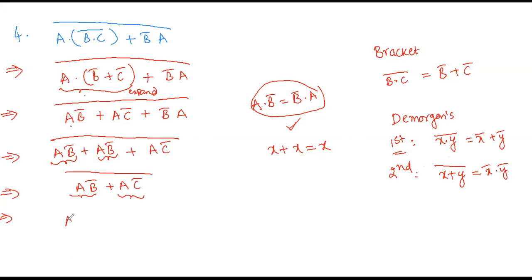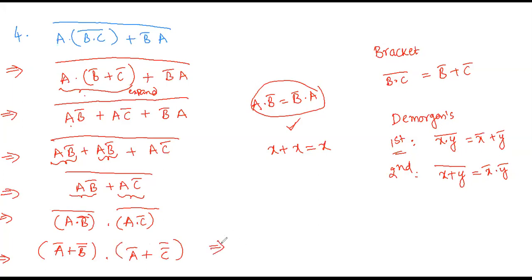You can write this as A dot B bar whole bar into A into C bar whole bar. Again expand using De Morgan's first law. Again expanding means A bar plus B bar into A bar plus C bar.